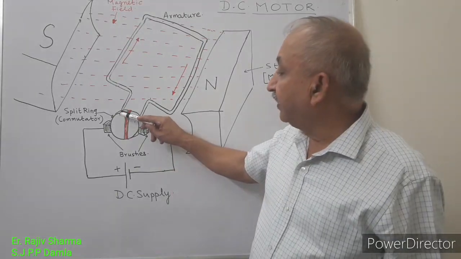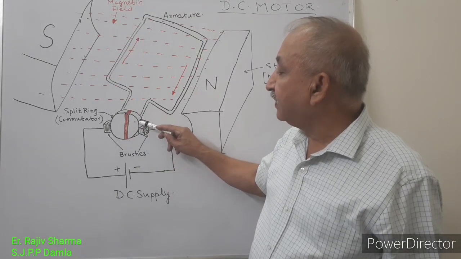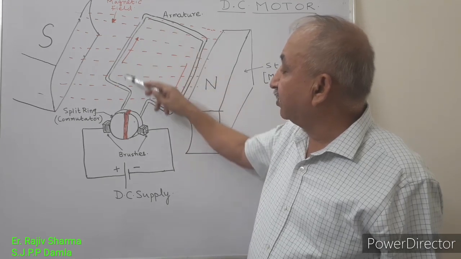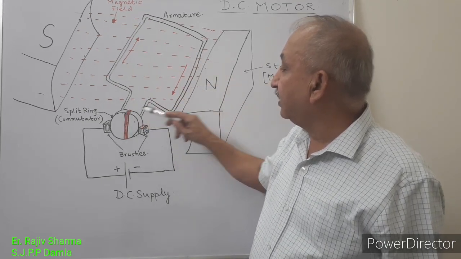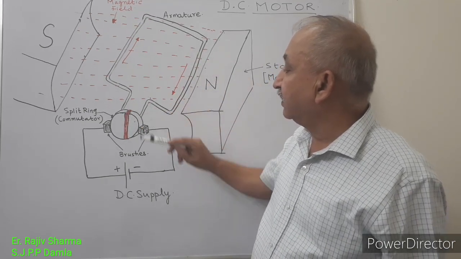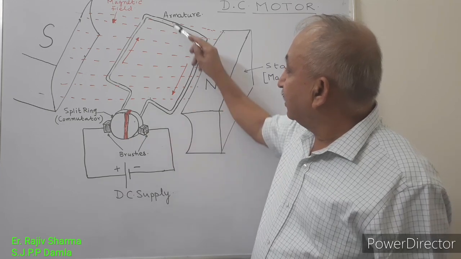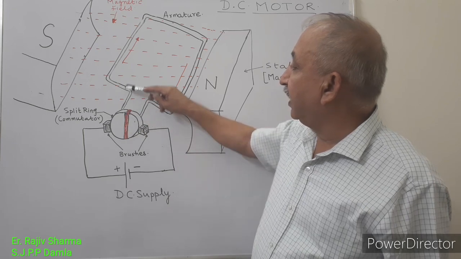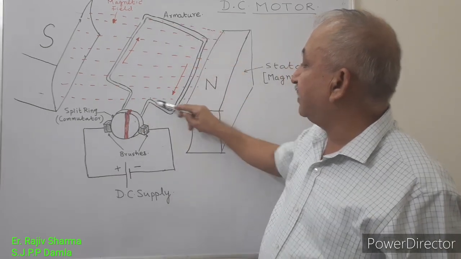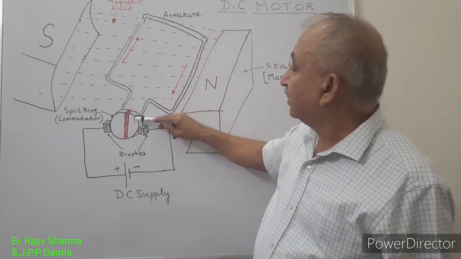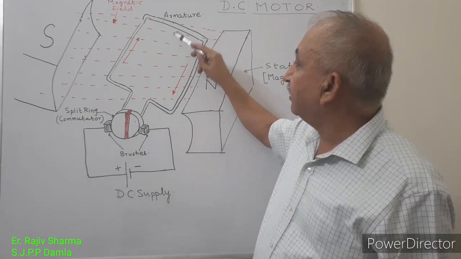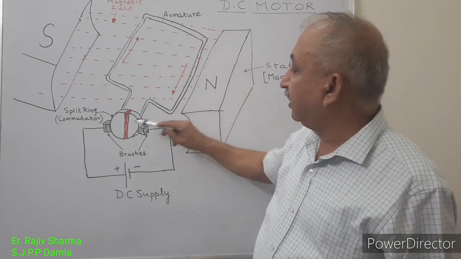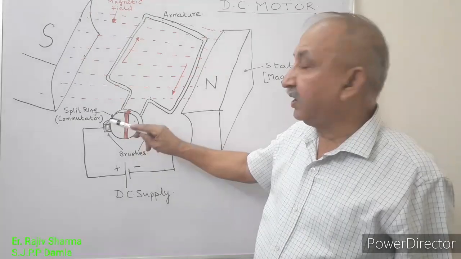One end of the coil is connected to one part and the other end is connected to the second part. This whole arrangement, the split ring and the conductor placed in the magnetic field, is one single unit, and when the conductor rotates, the ring will also rotate.